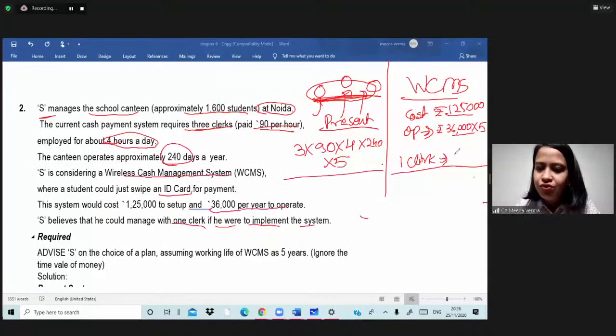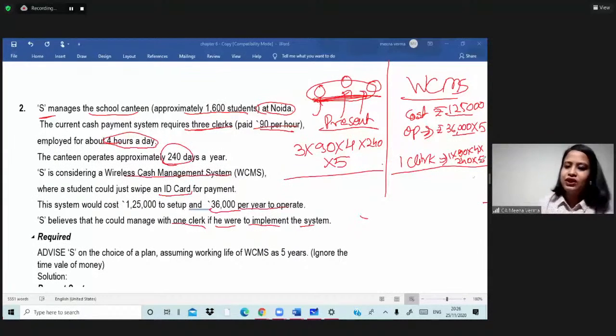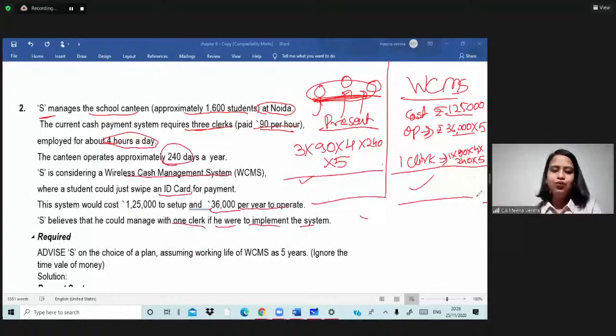You will pay him 90 rupees for every hour, for 4 hours, for 240 days, for 5 years. In this way, you can do the calculation for the present system and the proposed system, and then find which proposal is better to implement in the organization.